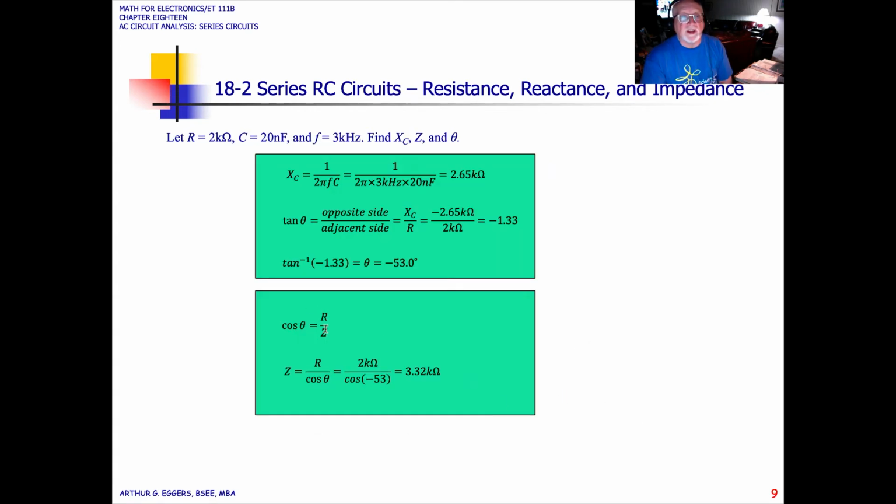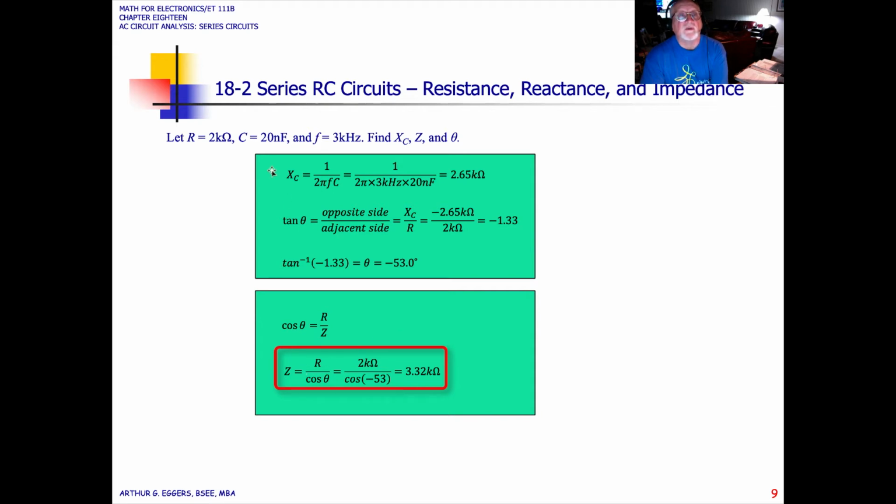So R over Z, we knew the value of R, 2K ohms, and we are calculating for Z. So we took this relationship, we manipulated it, we're solving for Z. The cosine of the angle, minus 53, cosine minus 53, divided into 2K ohms gives us 3.32 K ohms of impedance. Okay, so this is the total impedance for that circuit.